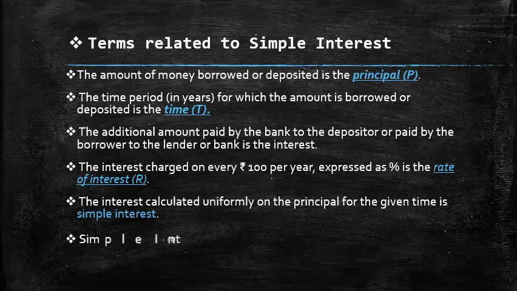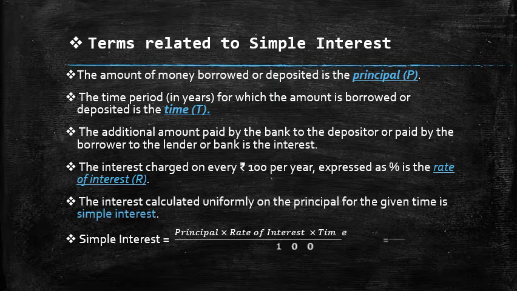Simple interest is calculated using the formula PRT by 100, where P denotes the principal, R is the rate, and T is the time taken.